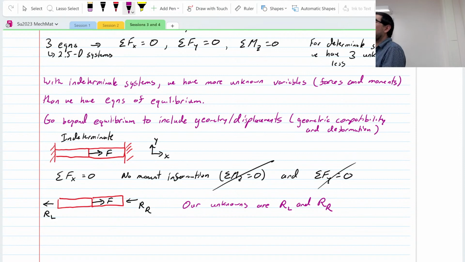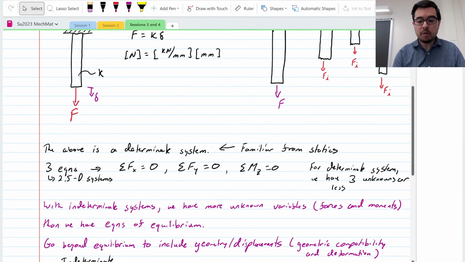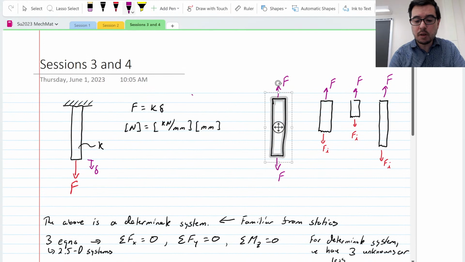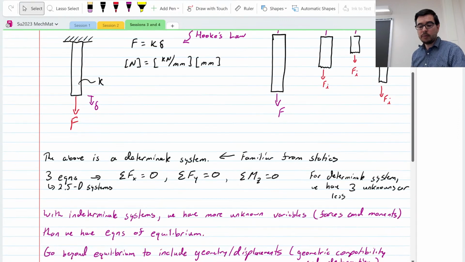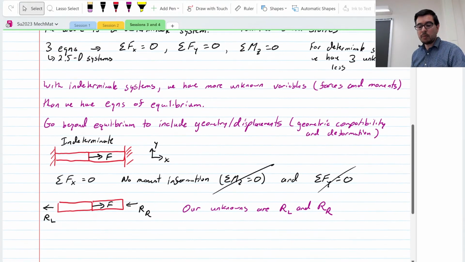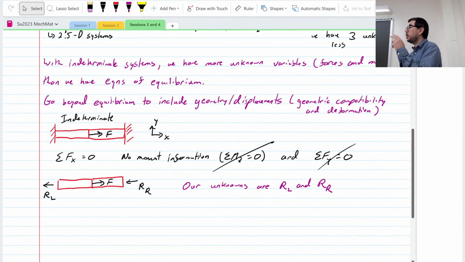So we need to use something about deformation. You've heard this before, I'm sure: this is Hooke's law. We're going to use Hooke's law in conjunction with equilibrium to solve this problem. Now, there are a couple of ways to do it.